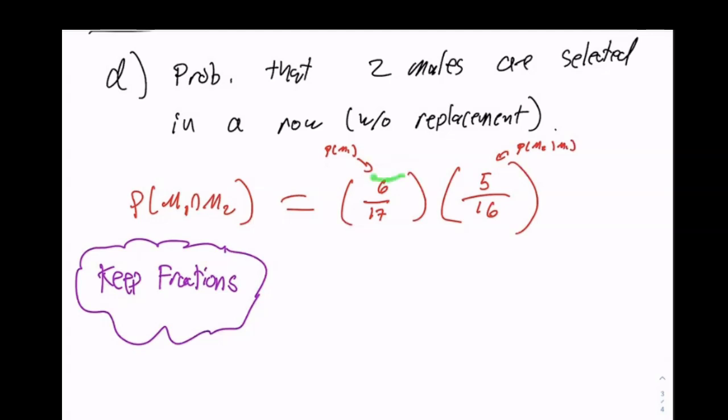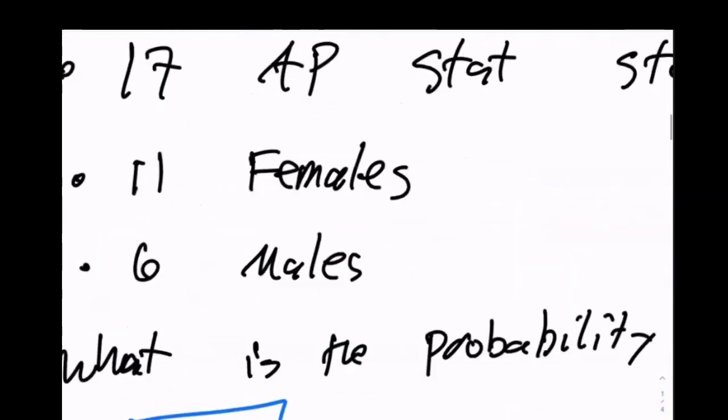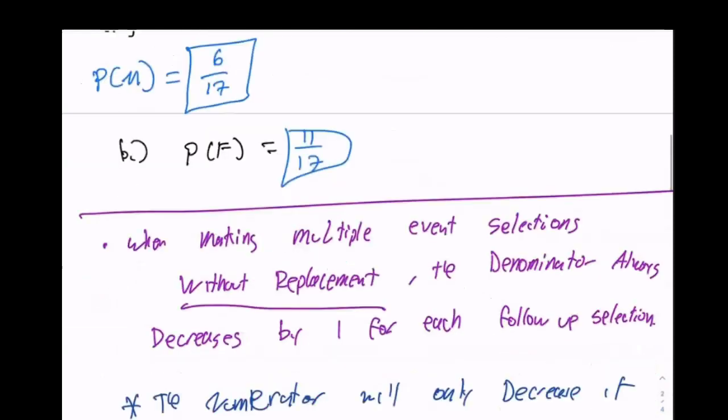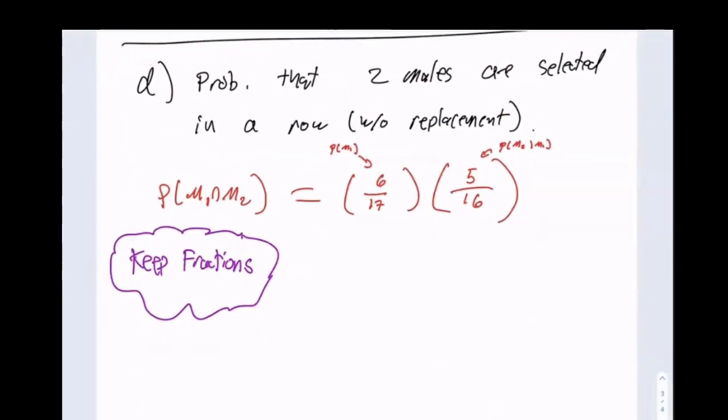I'm very blunt about that because there's 6 males, 17 students. It's the easy, most straightforward thing that happens. The first male, 6 out of 17. Has nothing to do with almost AP calculus. It's just normal things you've been probably doing since elementary school. I have 6 red marbles, and there's a total of 17 marbles. The chance of selecting a red marble is 6 out of 17. Nothing changed.